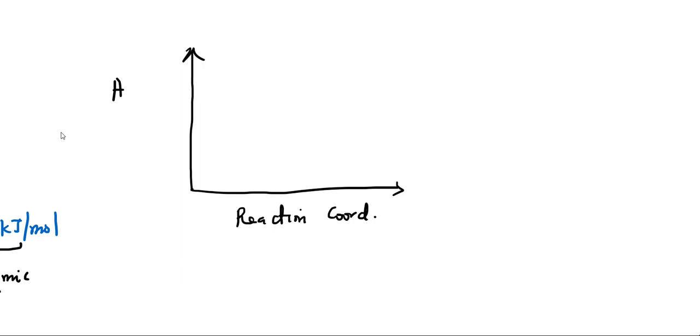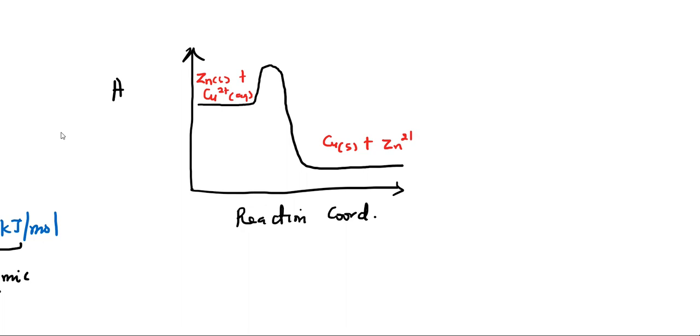In this case we'll have a reaction profile diagram to look like this, where we'll have zinc solid plus copper 2 plus aqueous, and then we have copper solid plus zinc 2 plus aqueous.